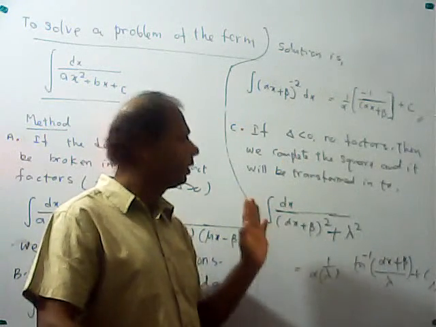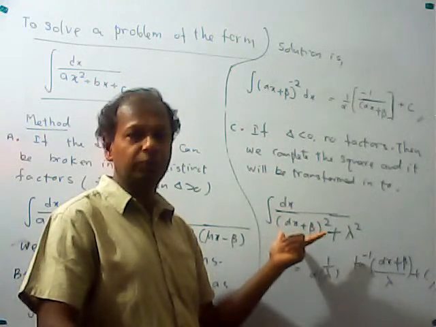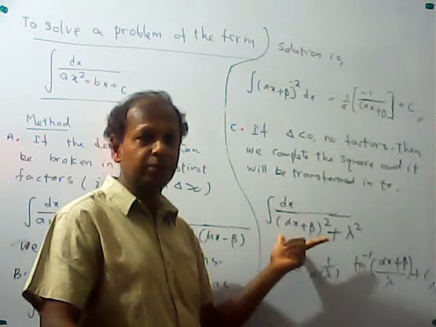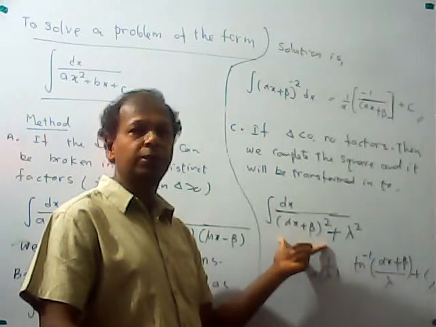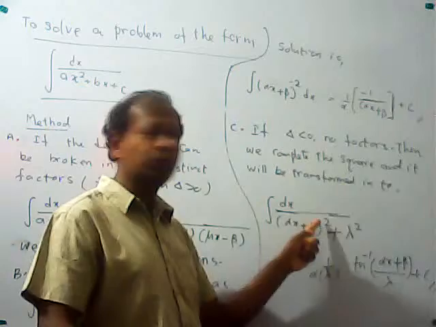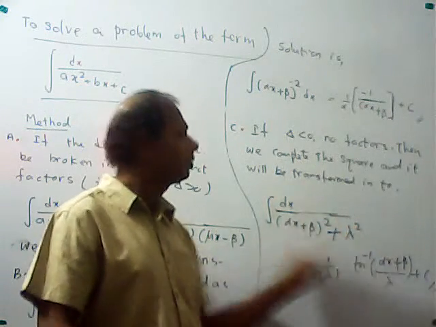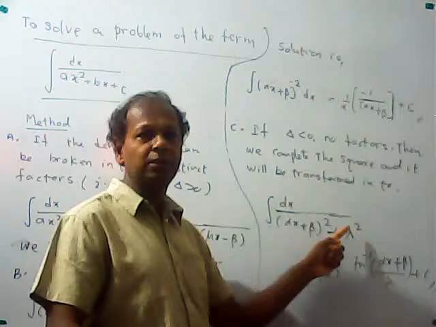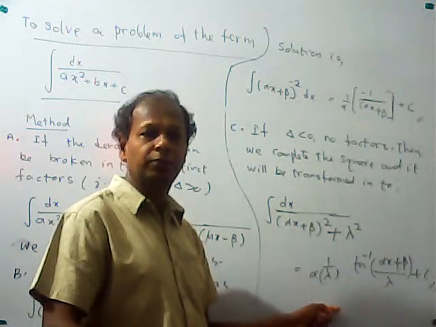In the case where delta is less than 0, you complete the square. Completing the square, it will be transformed into something like this: alpha x plus beta squared plus a constant. Then this is another standard form, something we did last day. It is the tan inverse form, right?